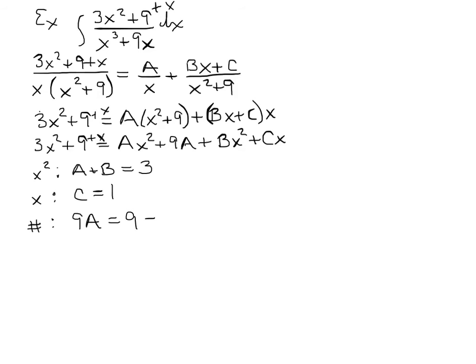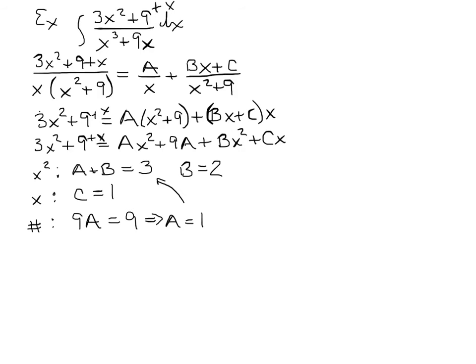Okay, so that means that A is going to equal 1. And if A is equal to 1, put that back up there, B is going to equal 2. Okay, so I've got A equal to 1, B equal to 2, and C equal to 1.